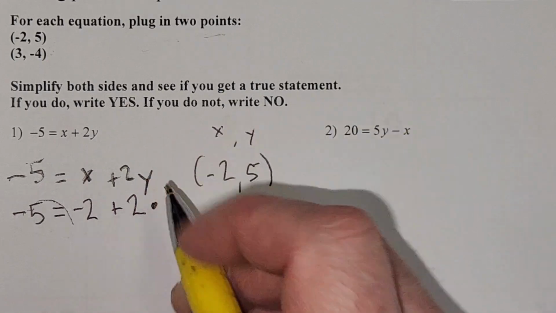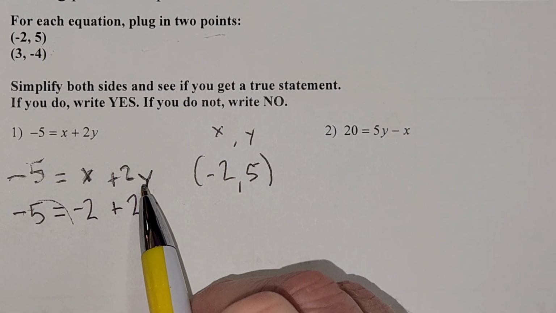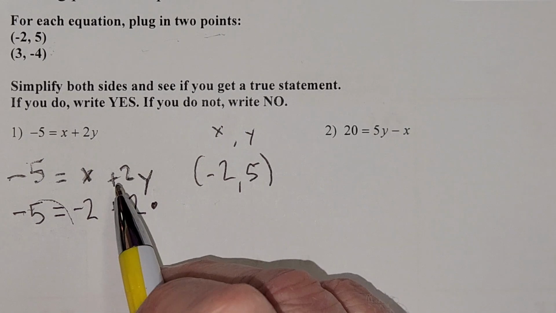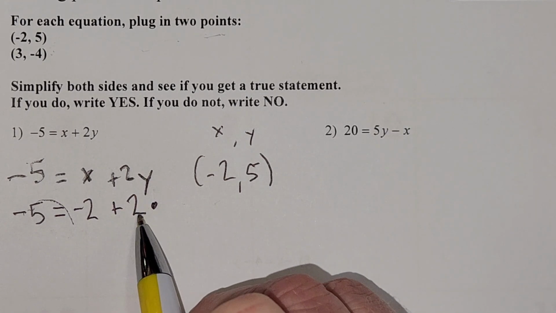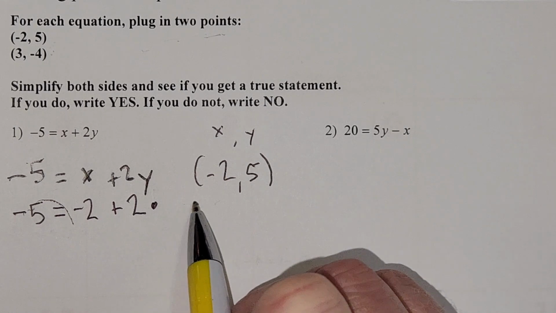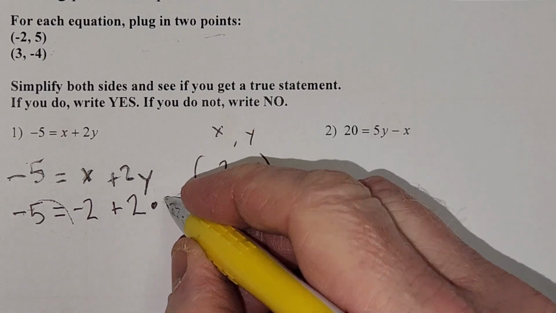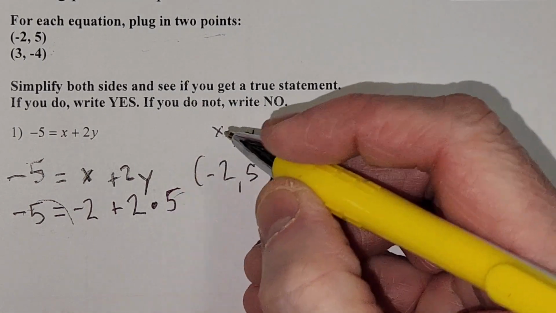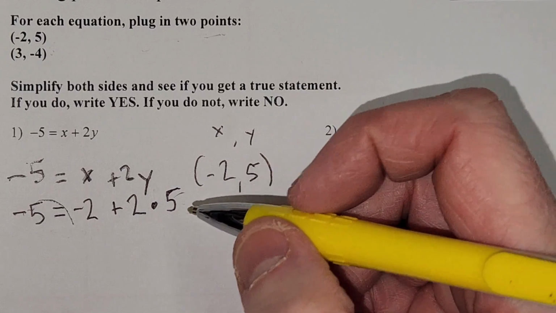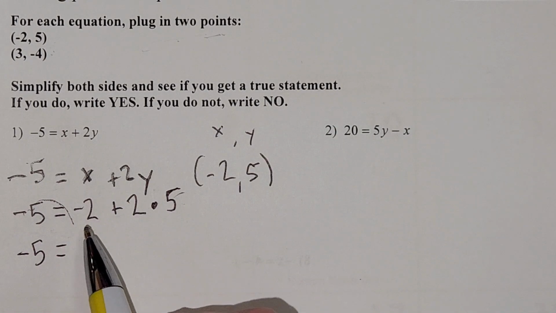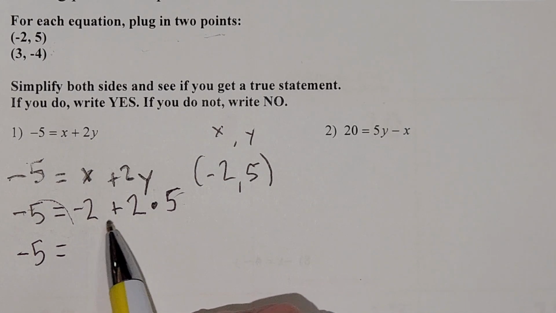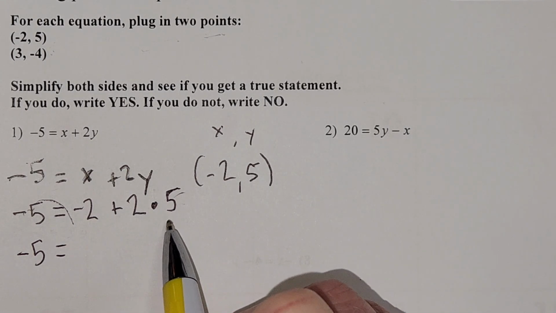And this is always going to be 2 times something, like something times y. Or if it's 3x, it's times x. But here it's 2y, so it's 2 times something. Well, what's the y value? We already said it is 5. So this doesn't change, and you can use your calculator to plug in -2 plus 2 times 5.